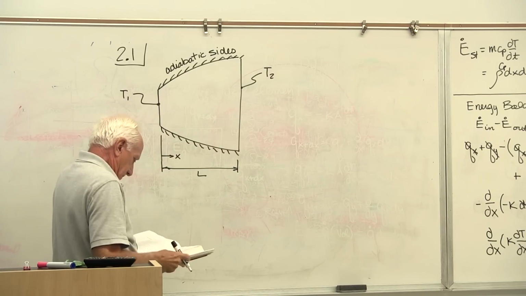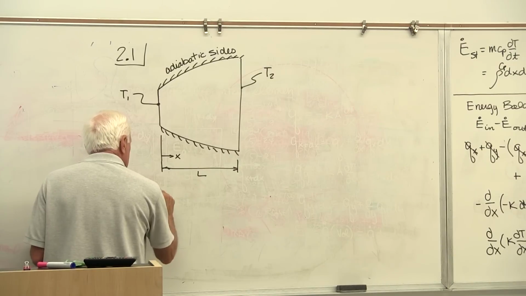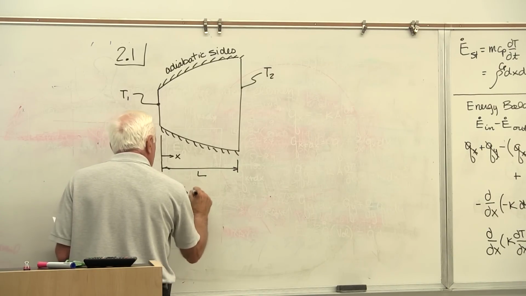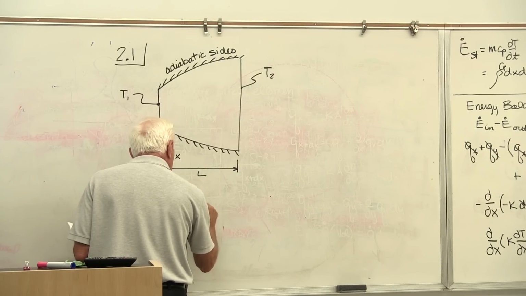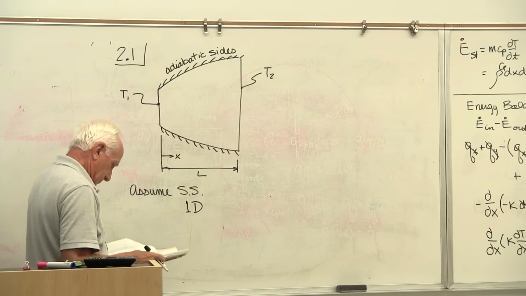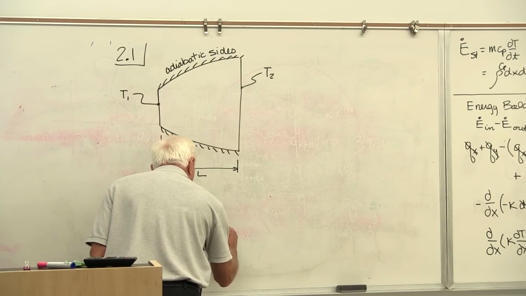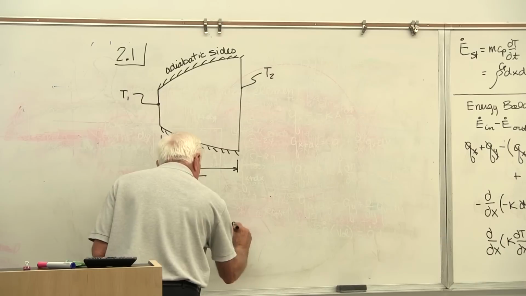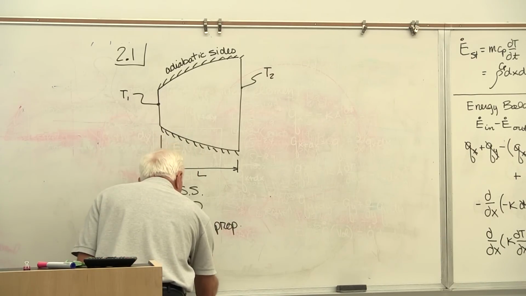Let's see what else we're given here. The problem says: assume steady state, assume one-dimensional, heat's only transferred in the x direction, assume constant properties, assume no internal generation.